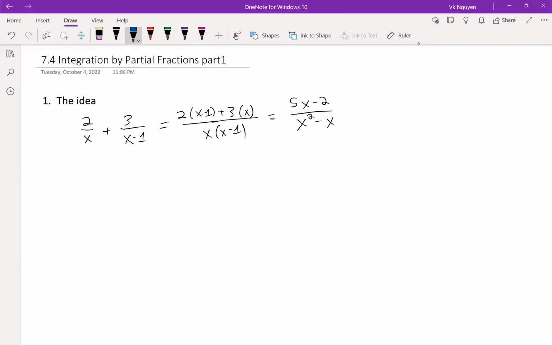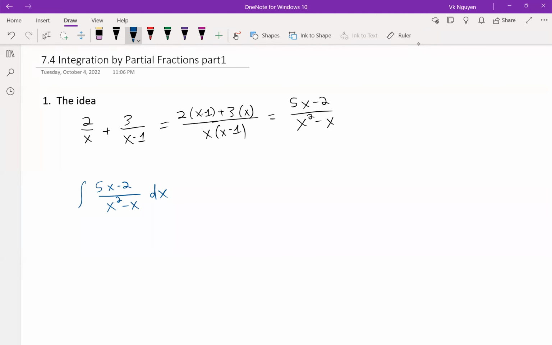This is very useful to evaluate an integral such as the integral of (5x minus 2) over (x squared minus x) dx. Such an integral cannot be done by u-substitution, integration by parts, or trigonometric substitution.